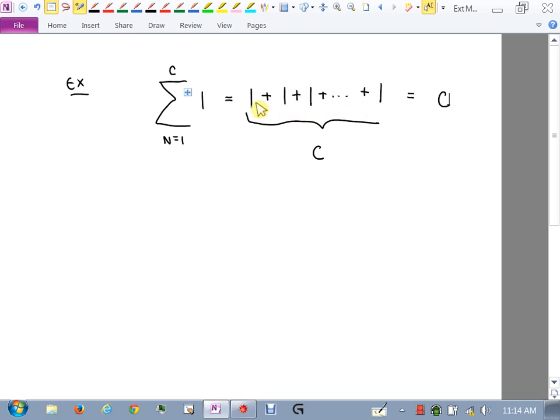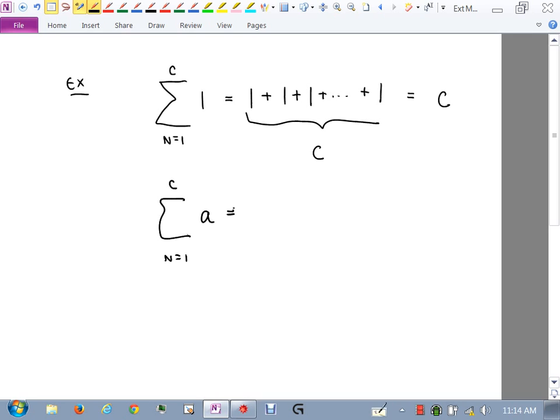And later on, when we get to a problem like this, we will actually just jump from here to the answer, and I won't go into the detail. I'll just say, oh, remember we did that in class? We can show that that's true. What would happen if I changed it and I went n equals 1 to c of a constant a? That'd be a plus a plus a plus a plus a.